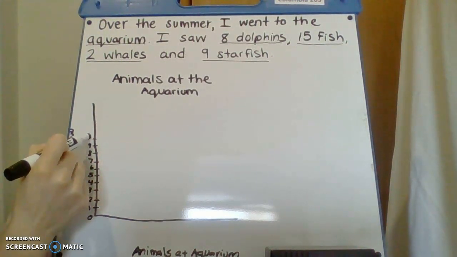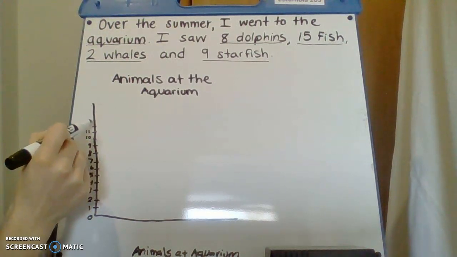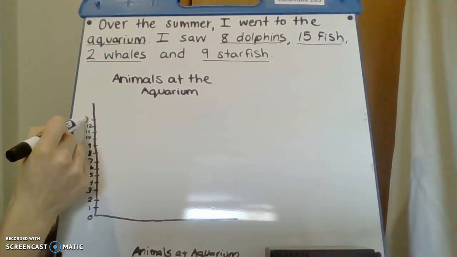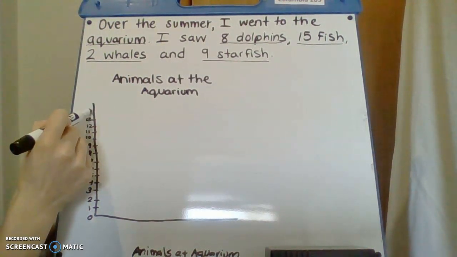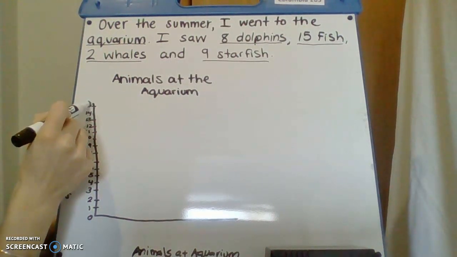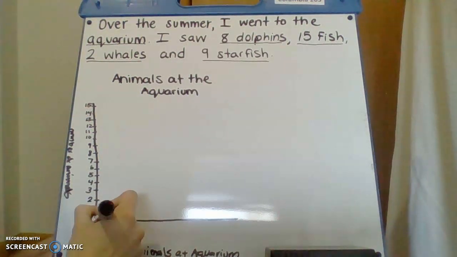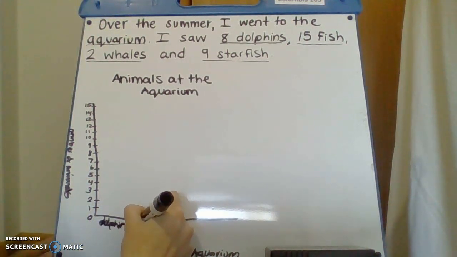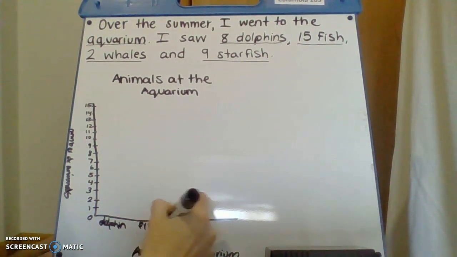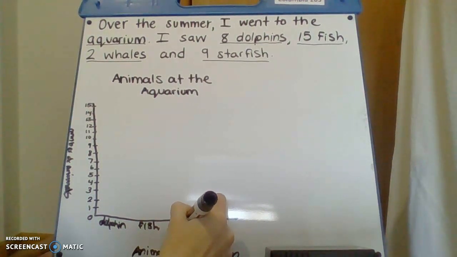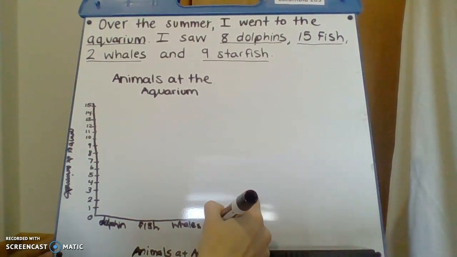And then you have to write down your animals. So I have dolphins, fish, whales, and starfish.